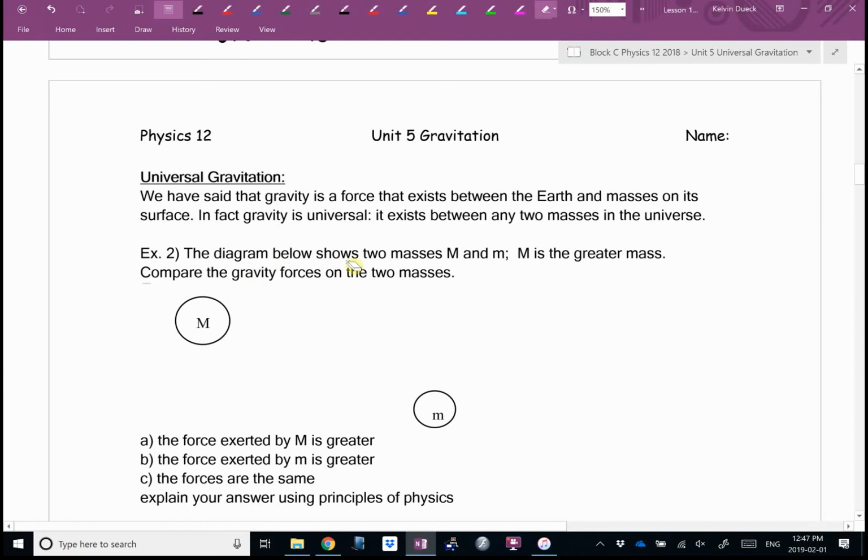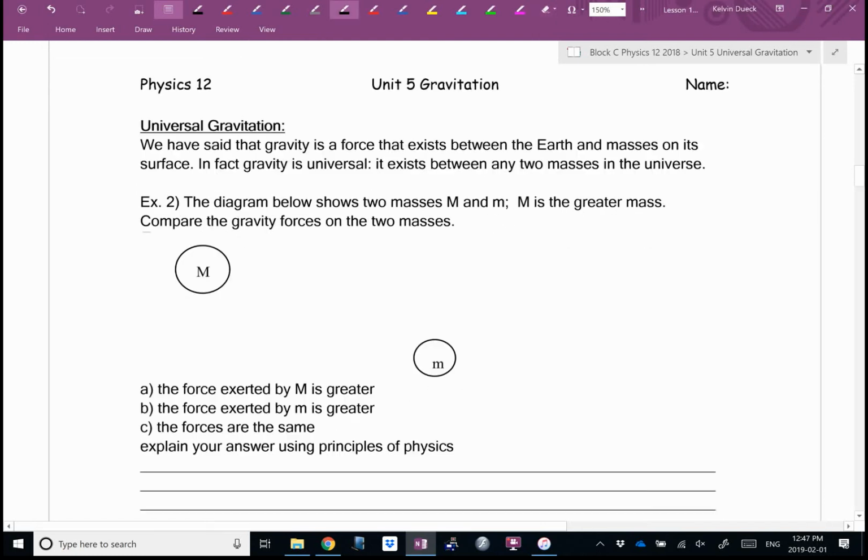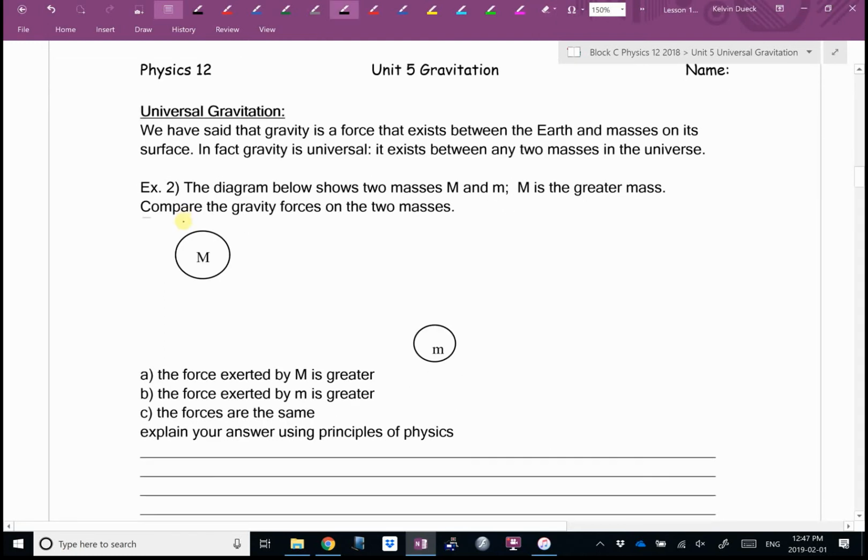This diagram below shows two masses, big M and little m. You know what? Let's make this the Earth, and let's make this the moon. And let's compare the gravitational force acting on these. Now, it is true that the Earth is reaching out and exerting a gravitational force on the moon, because the Earth has mass.